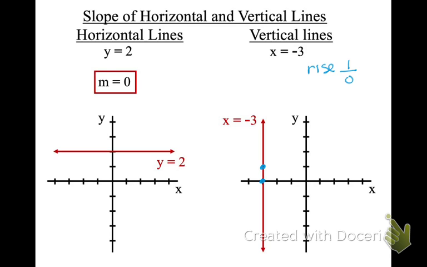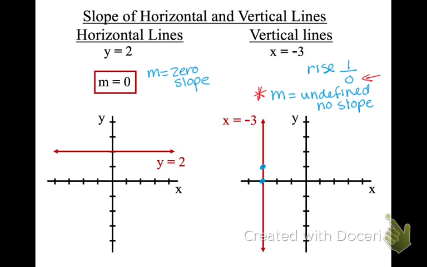Okay, and there is a rule that you may never have a 0 in the denominator. And when it is, we say it's undefined. The slope is undefined. Or we can say no slope. That is different from over here, which m equals 0 slope. Okay? This over here has no slope or is undefined because we have a 0 in that denominator.